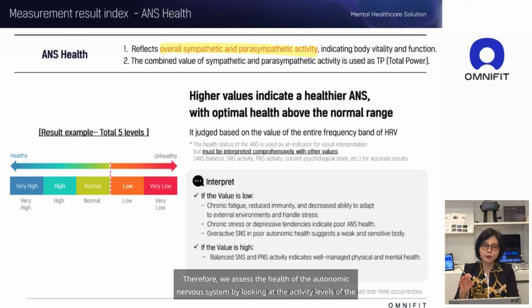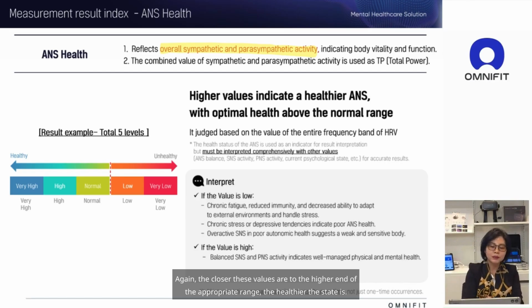Therefore, we assess the health of the autonomic nervous system by looking at the activity levels of the sympathetic and parasympathetic nerves, as well as the total power of both. Again, the closer these values are to the higher end of the appropriate range, the healthier the state is.